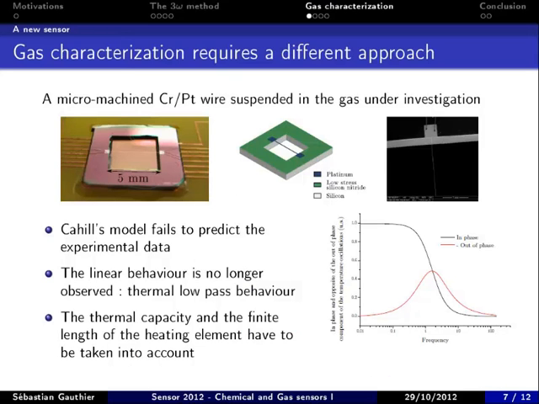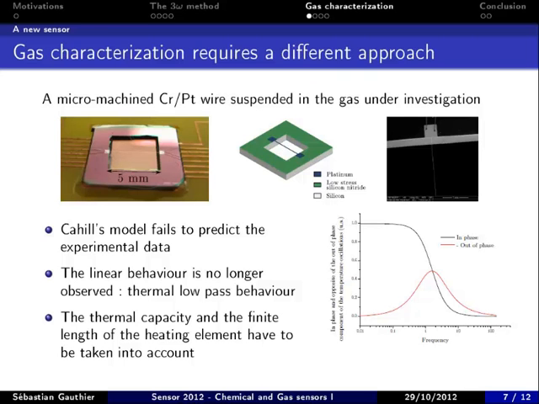So this wire was fabricated using microtechnologies, but now if we try to plot the thermal response as a function of the frequency, we get this kind of curves, and we see that Cahill's model that I showed you before fails to predict the experimental data.